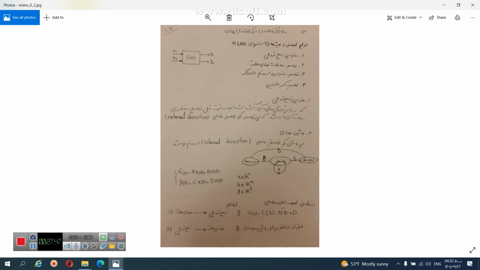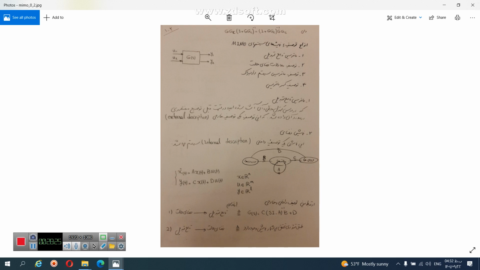And if we want to find a state space for the transfer function, there is infinity of state spaces for a transfer function. One transfer function has infinity realizations as a state space.